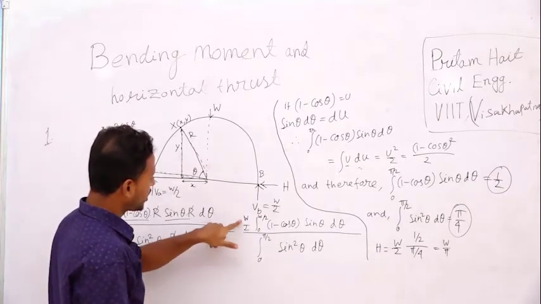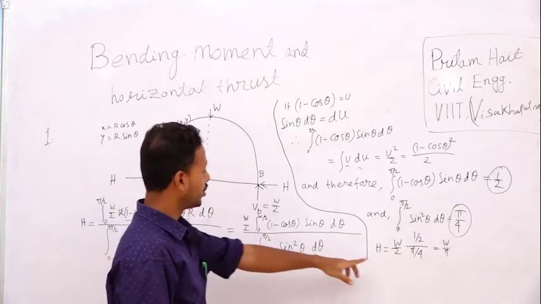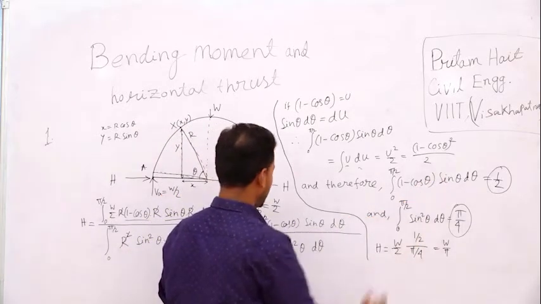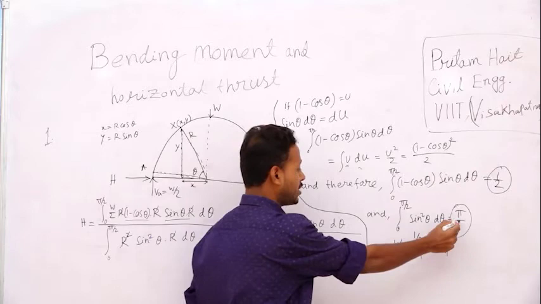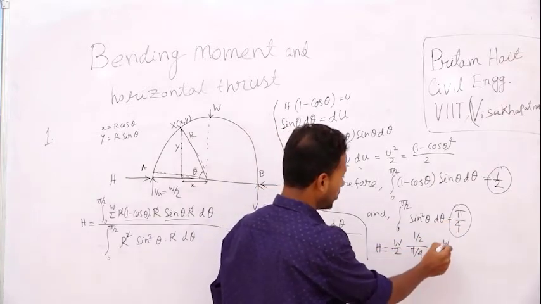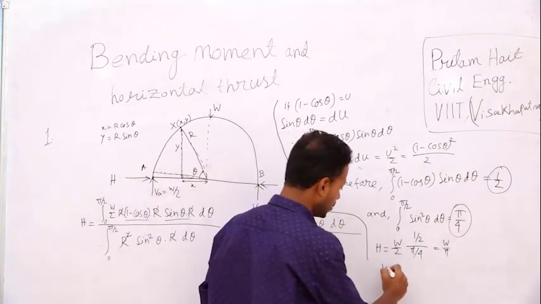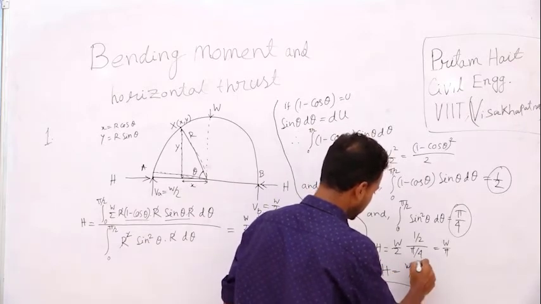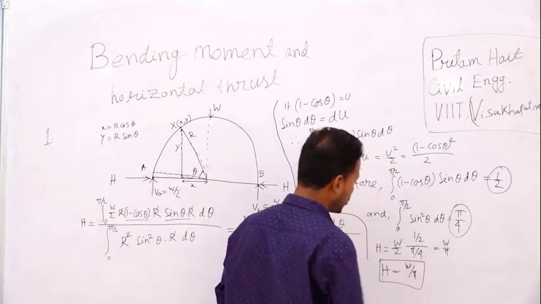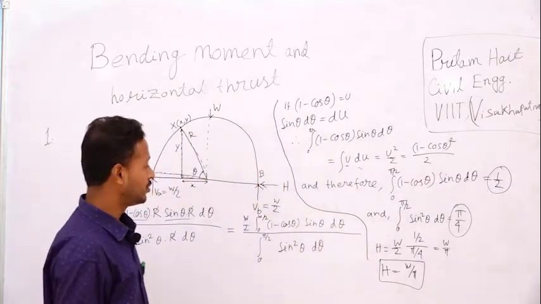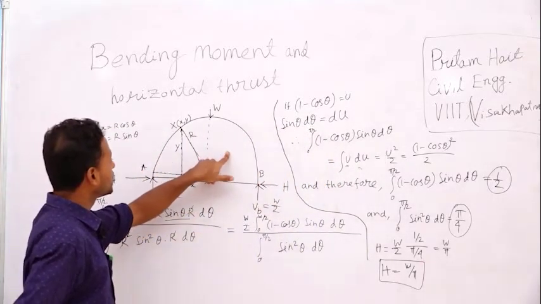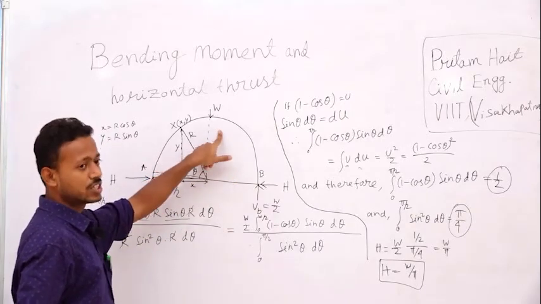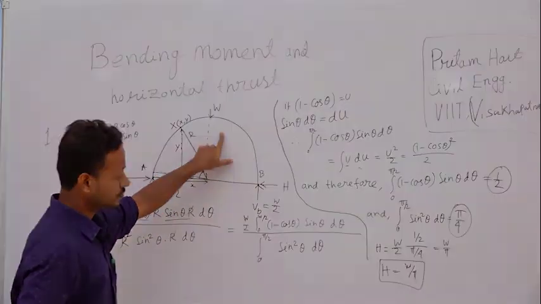So w by 2 times numerator by denominator: the numerator is half and the denominator is pi by 4. So we have horizontal thrust H equals w by pi. Hence we prove the horizontal thrust is w by pi in the case of a semicircular arch subjected to a concentrated load W at the crown.